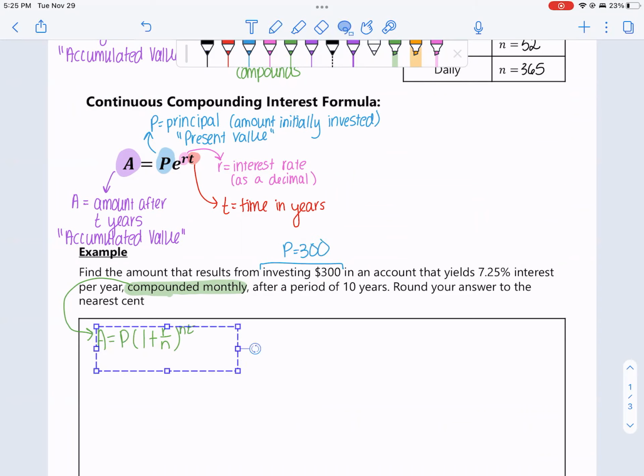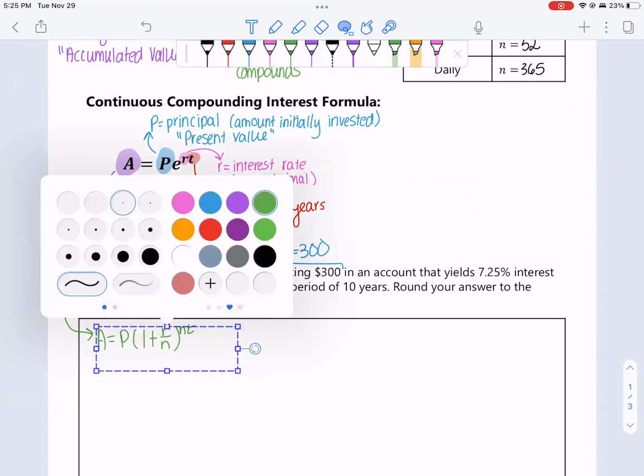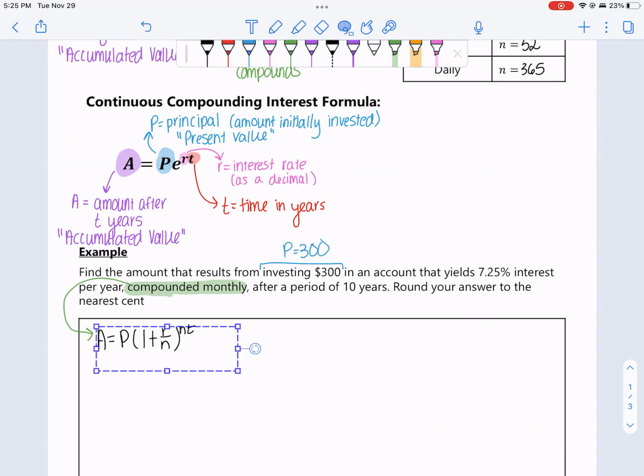I'm actually going to make this black. We are making 7.25% interest. As a decimal, that is 0.0725. You move the decimal place over twice to the left.